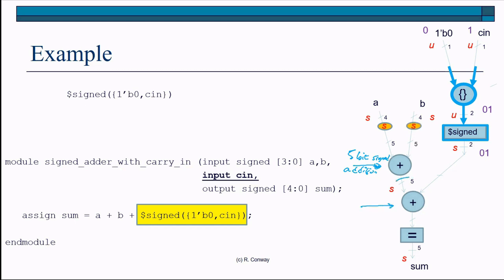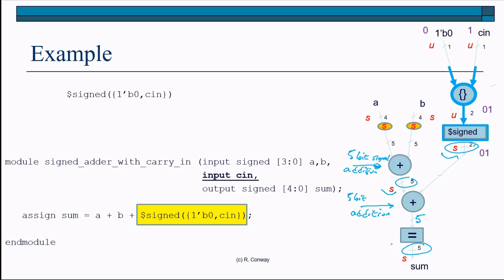Let's now look at the second addition. We've now got 5, 2, and 5. The largest of those three is 5. The output is a 5-bit value, so we have a 5-bit addition. Looking at the signs, we've got a signed input here and a signed input here.